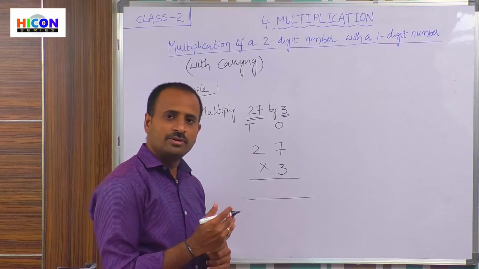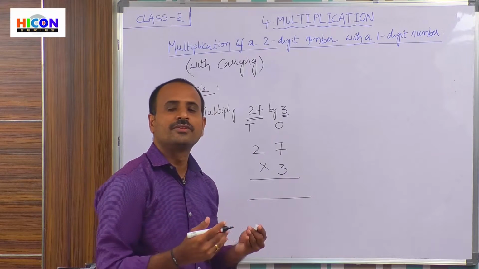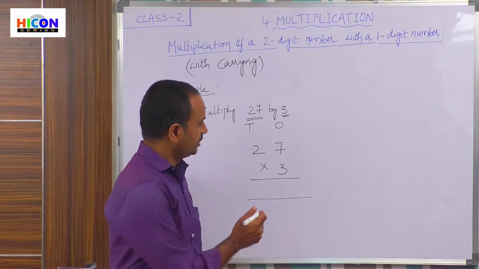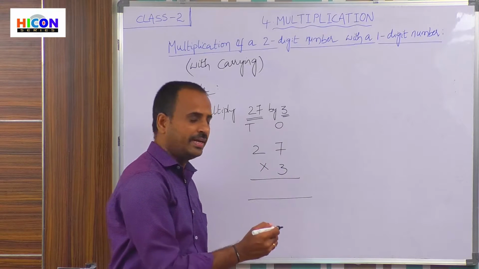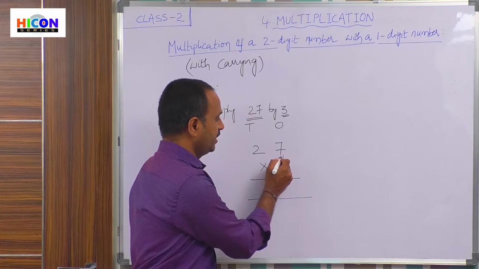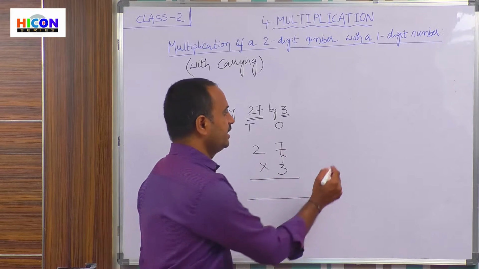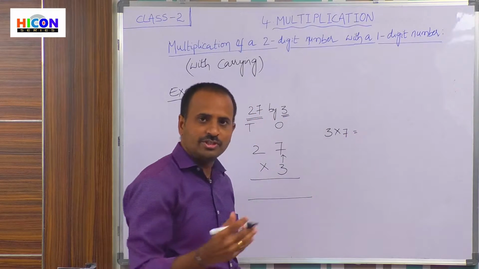So children, first multiply the digit present in the ones place with 3. Which digit is present in ones place? Children, here 7 is present in ones place. So multiply 7 with 3, that is 3 into 7. Children, 3 7s are how much?